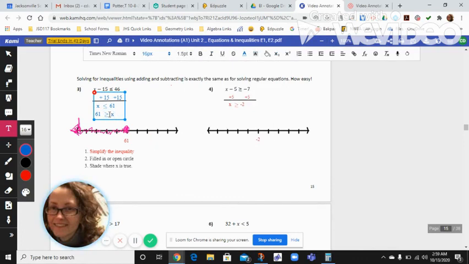X is the smaller one and 61 is the bigger one, regardless of which way you write it. But if the variable is on the left-hand side, then our arrow for our inequality will match our arrow on our graph.